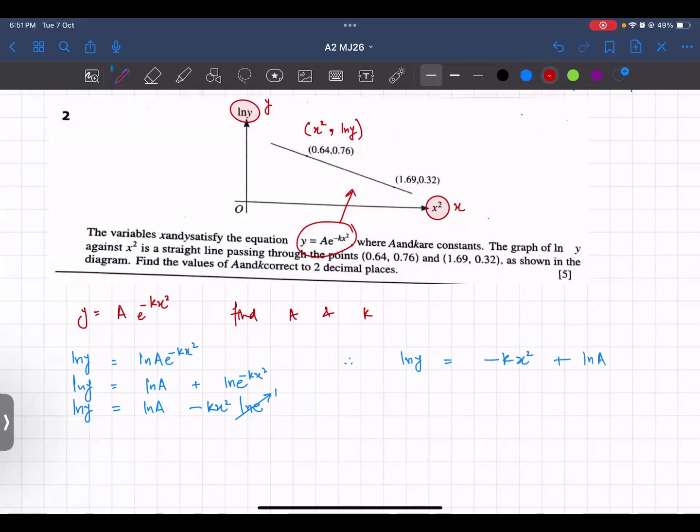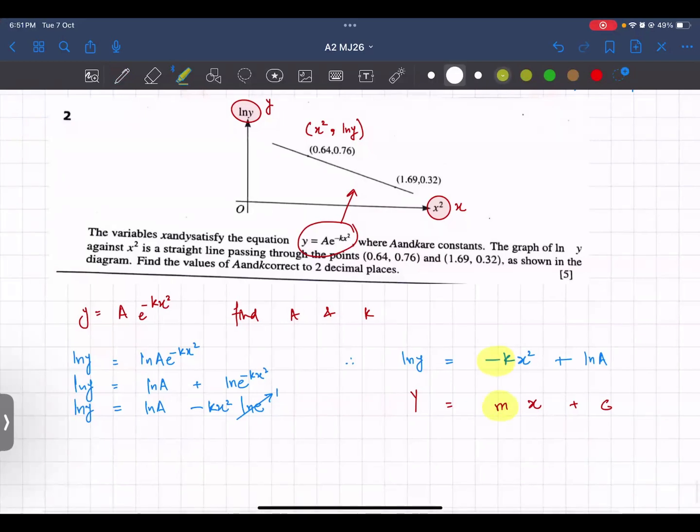And right now you can also see on the y-axis we have ln y, on the x-axis we have x squared, and so your gradient and c. You can see that the gradient will be minus k.